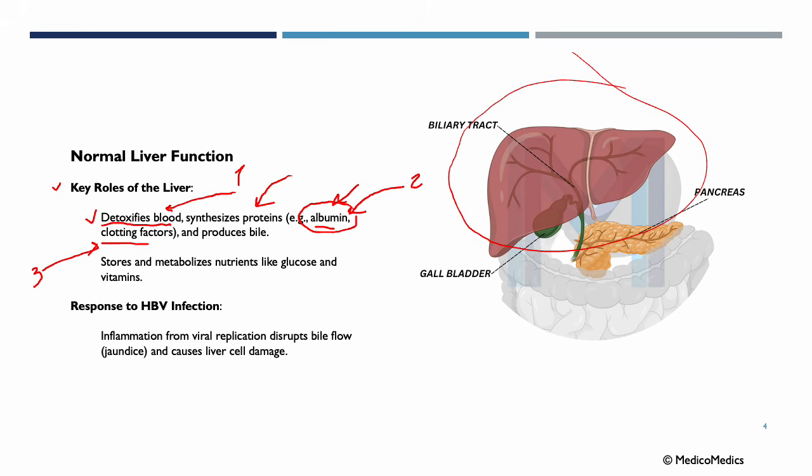Now, we also have the third and final one mentioned here, which is the liver's key role in producing bile. So the liver produces bile, which is stored in the gallbladder. And the gallbladder can be seen here resting underneath our liver.